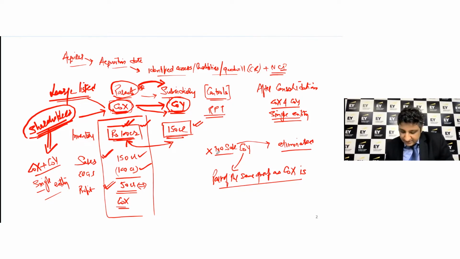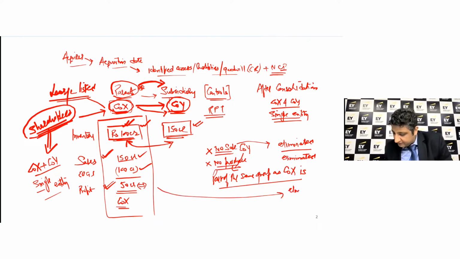Likewise, if you can't sell, it also means there is no purchase. At a consolidated level, even the purchase is eliminated. Okay. And if you can't sell or can't purchase, then you, of course, cannot have a profit either.